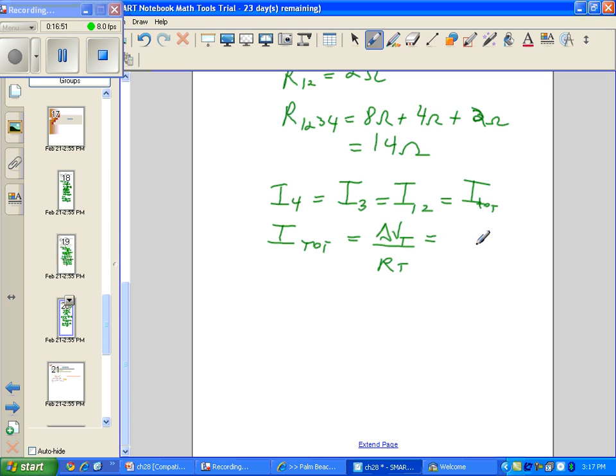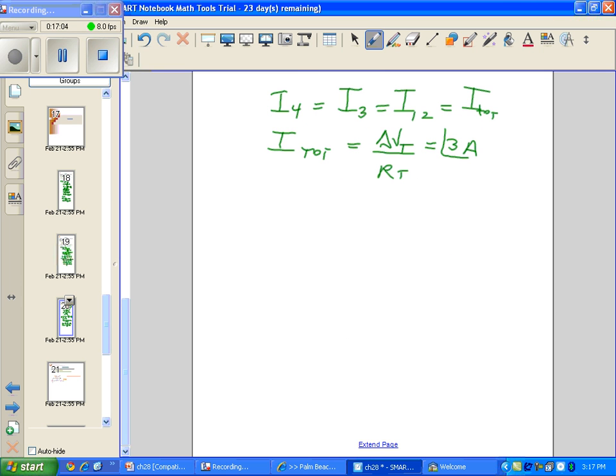In other words, 42 volts divided by 14 ohms, and that gives us 3 amps. So therefore we can say I4 equals 3 amps, I3 equals 3 amps, and I12 equals 3 amps.